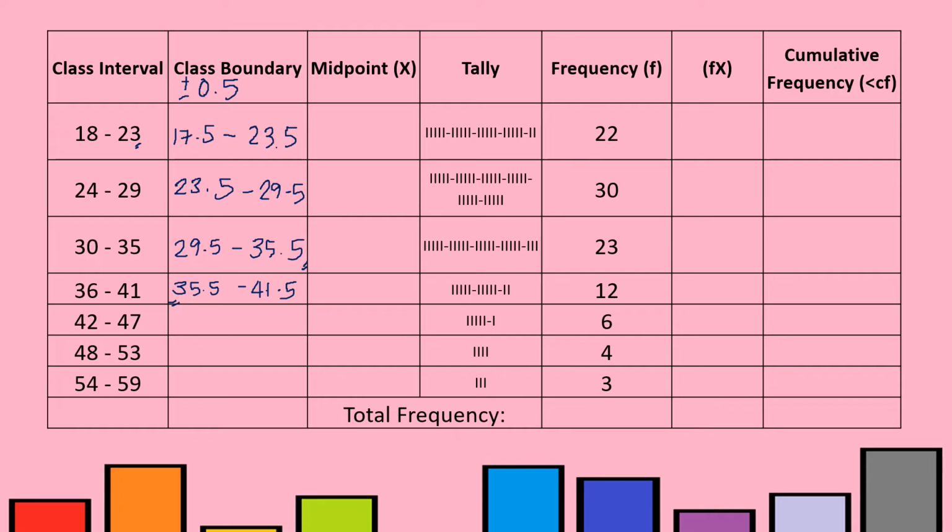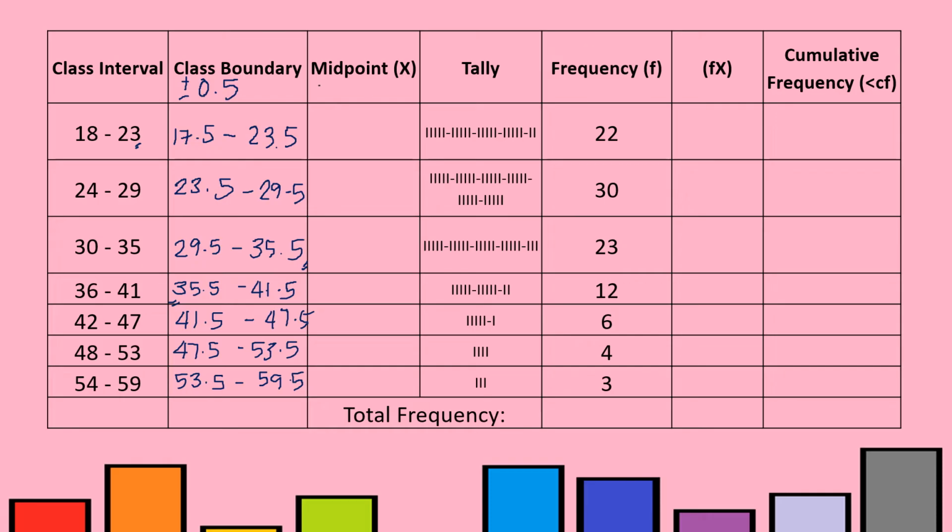So they are the same. 41.5 to 47.5, 47.5 to 53.5, and then 53.5 to 59.5. So that is the class boundary.